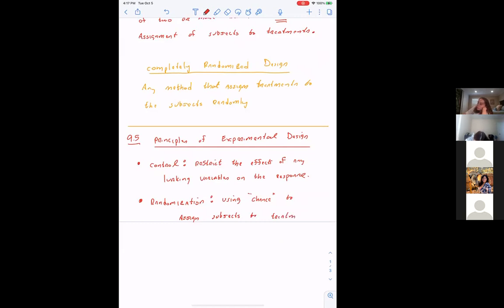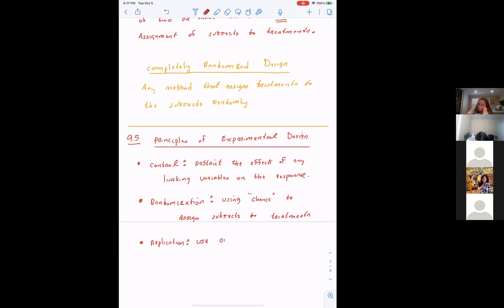Don't pick and choose based upon who you want to get the real thing, or who you want to get this treatment, or what they're wearing. Do it solely upon randomization. And number 3 is replication.